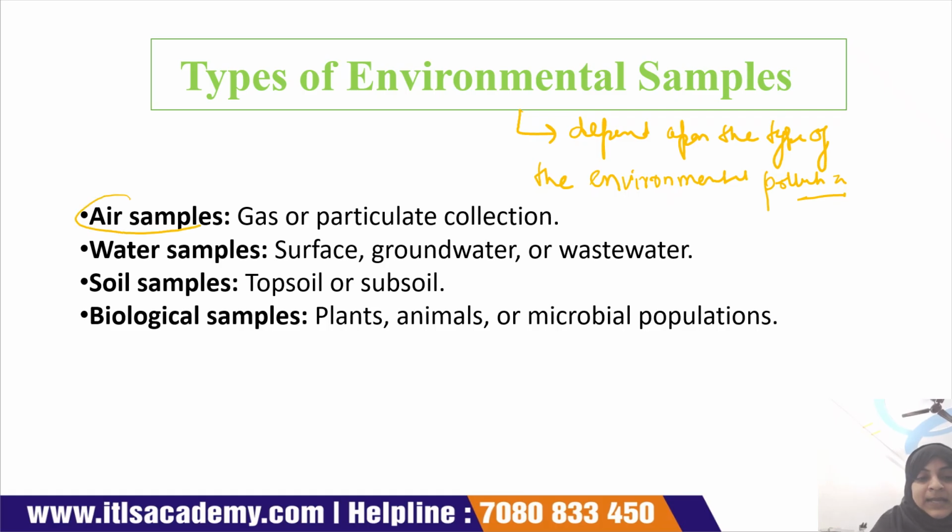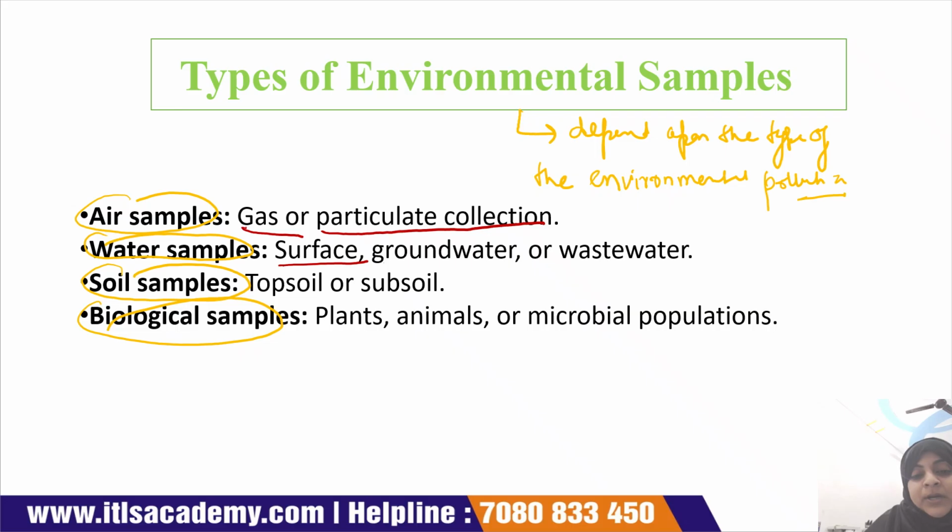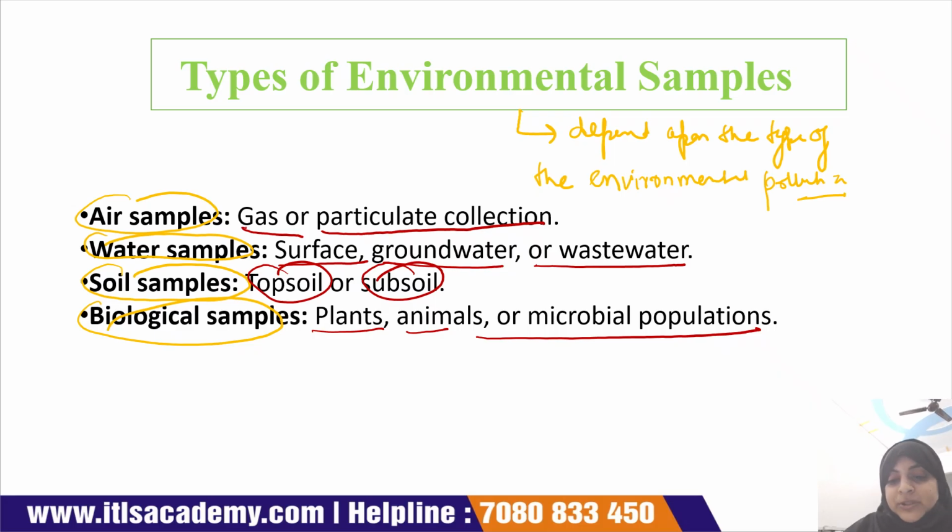Like air samples, water samples, soil samples, or biological samples. Air sample consists of gas or particulate collection. Water sample like surface water, groundwater, or wastewater. Soil sample like topsoil or subsoil. Biological sample like plants, animals, or microbial populations.